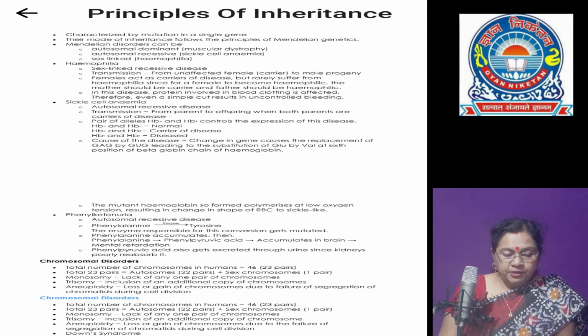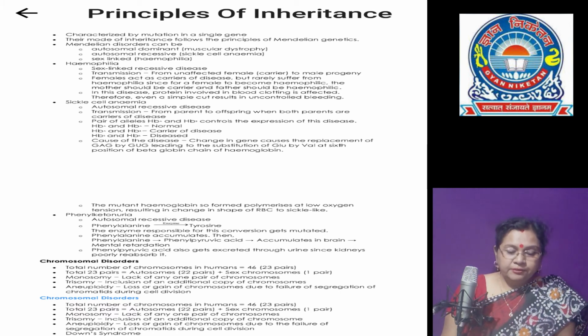In alpha thalassemia, the alpha globin chain is affected, which is controlled by the closely linked genes HBA1 and HBA2 on chromosome 16. It occurs due to the mutation or deletion of one or more of the 4 genes.